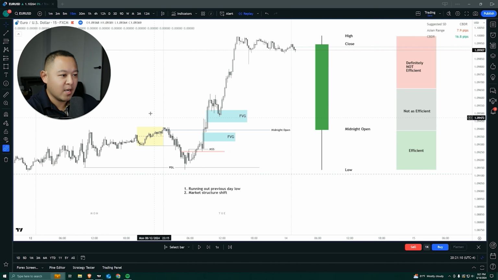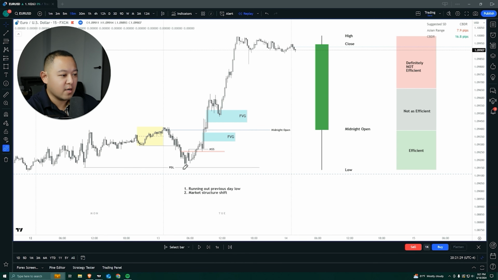Because I will tell you right now, if you are trying to position yourself after the market's already expanded above the midnight open, and this is just an example where it's worked, I will guarantee you that your win rate will not be as high if you are going long after the candle is already green.